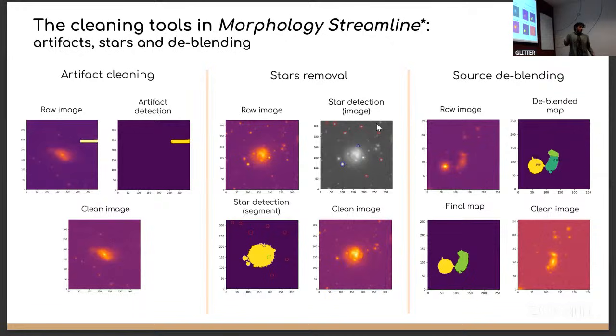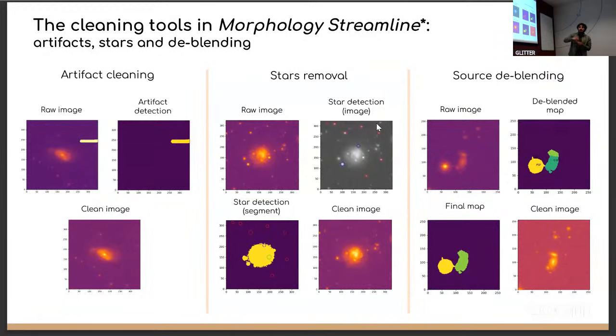And finally, the blending, which is the thing I showed at the beginning, where, as you can see, there are 3 objects here identified, one of which should stay because we cannot tell for sure that it belongs or not to the same plane. But the other thing is certainly something else. It is a star, so it has been removed because the star removal part does not always work 100% fine.